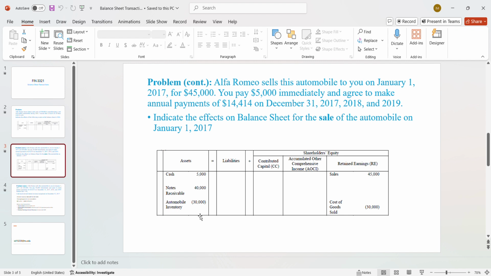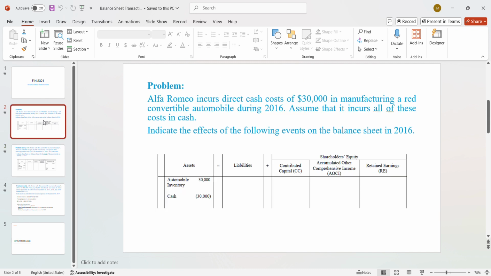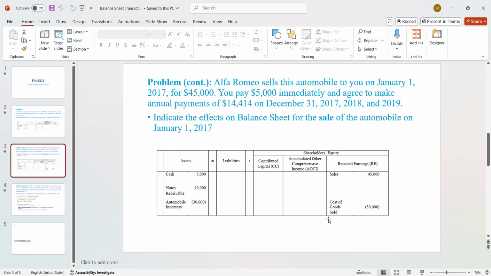So we subtract 30,000 from automobile inventory, and you have incurred a cost on that automobile which was 30,000. If you look at our previous slide, there's 30,000 you have already incurred in cash. So this is your cost of goods sold. This is the expense for that inventory, so we deduct it from retained earnings.